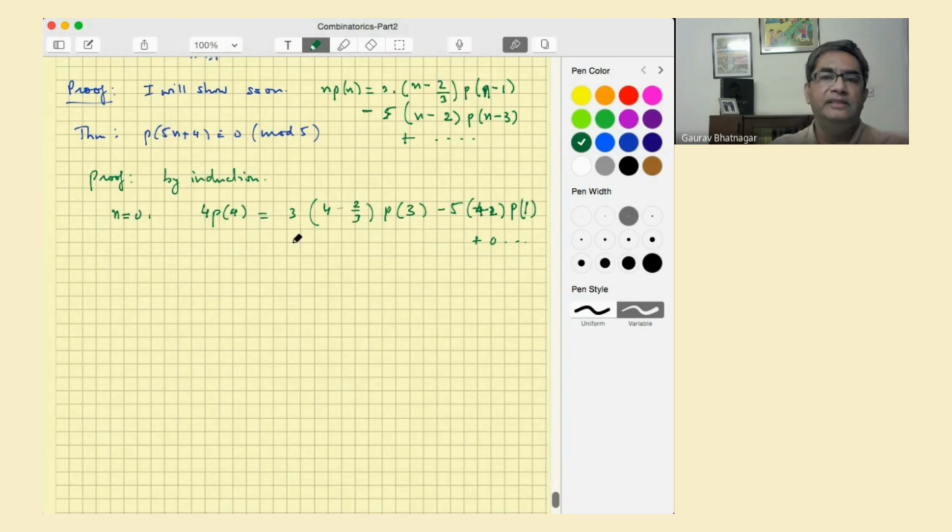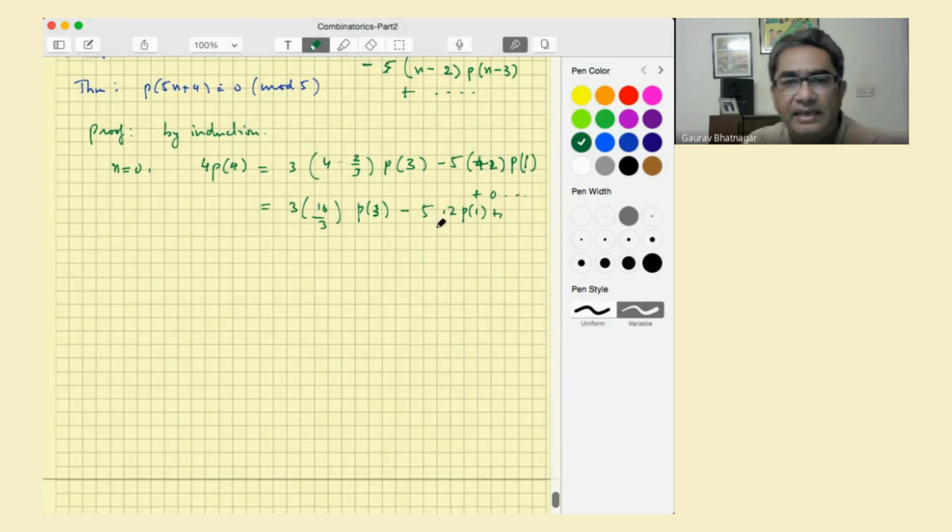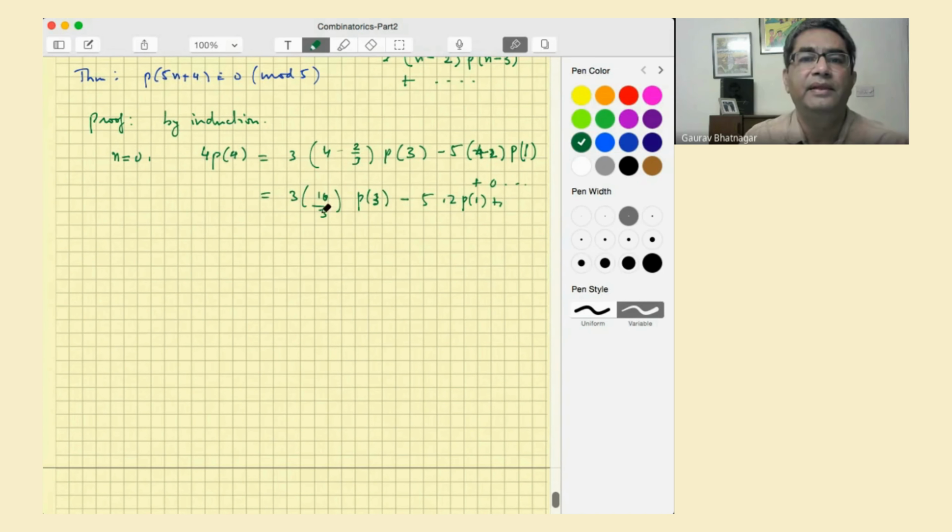So what is this? This is 12 minus 2, that's 10 over 3, p(3), minus 5 times 2 times p(1). By this recurrence relation, you can see this 3 cancels. Each of these terms is congruent to 0 mod 5.